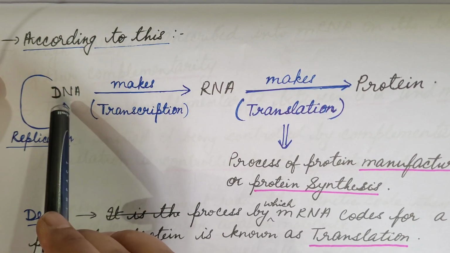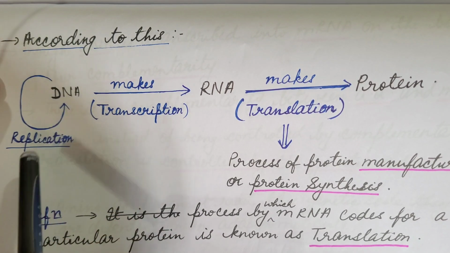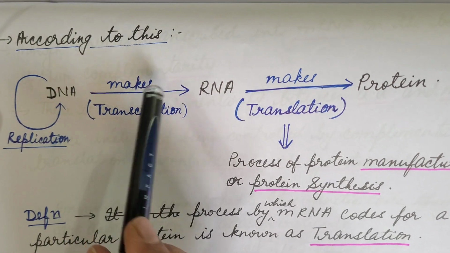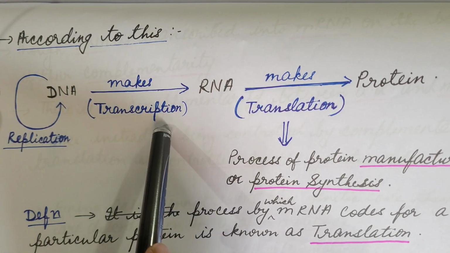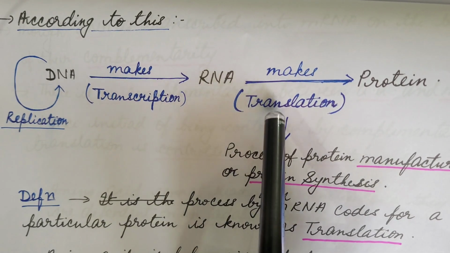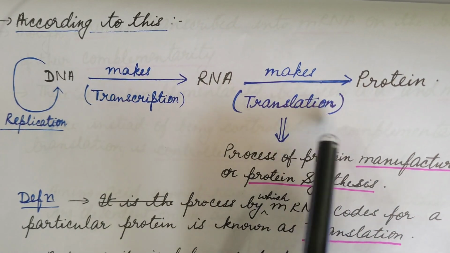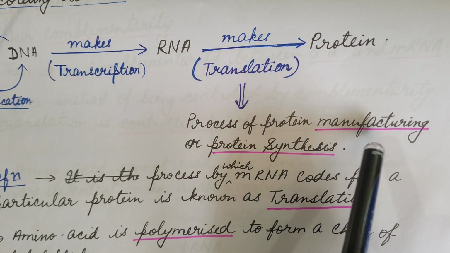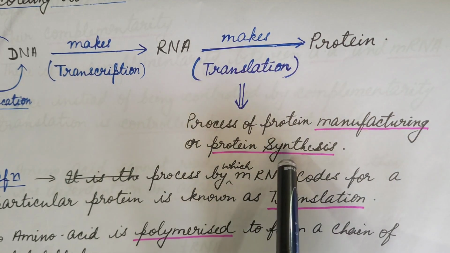According to central dogma, DNA makes its copy by the process of replication. DNA makes RNA by the process of transcription, and RNA makes protein by the process of translation. So, translation is the process of protein manufacturing or protein synthesis.